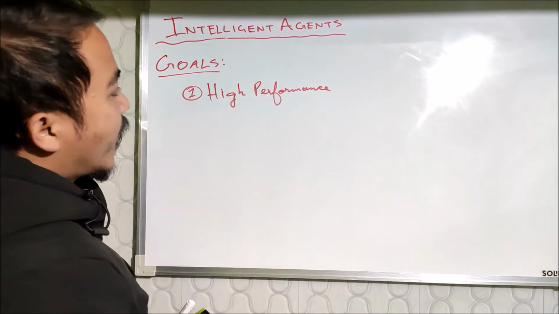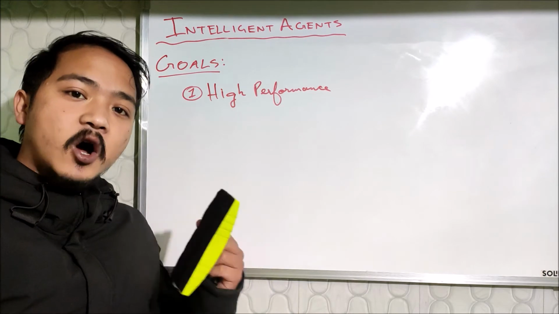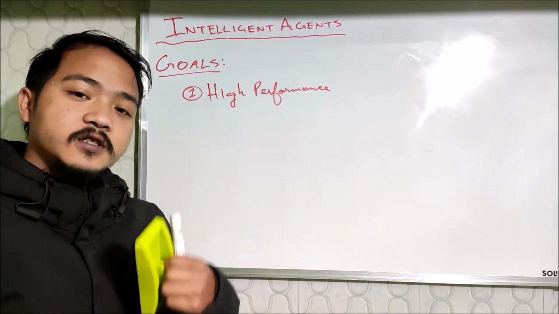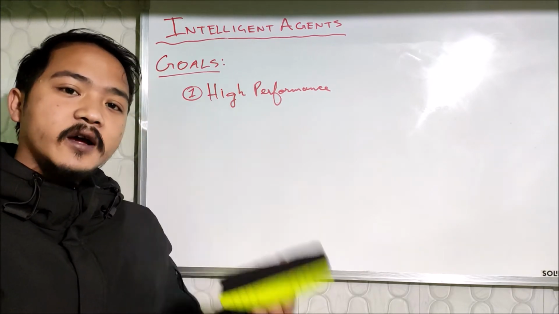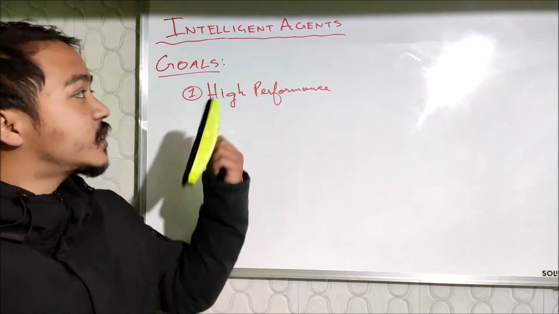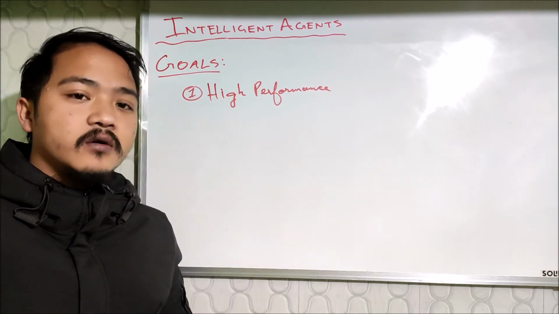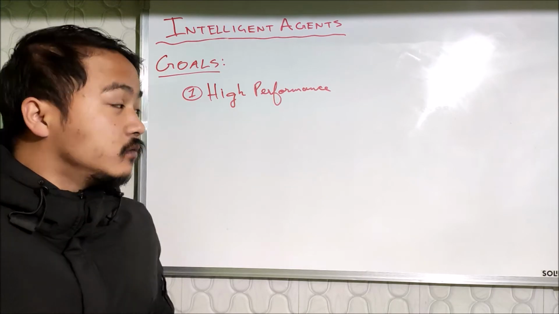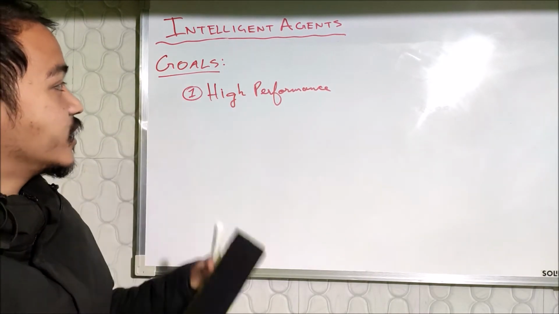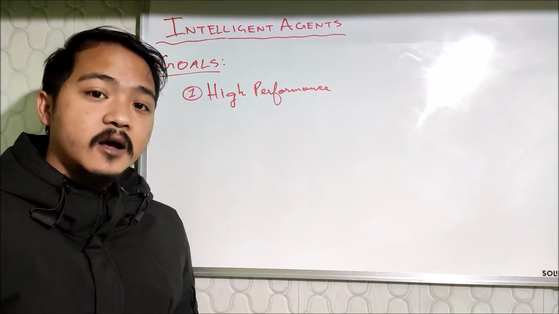High performance means it should give the maximum output generation, with respect to time, speed, accuracy, anything. Because if you design an agent which does not perform well, it is a waste. So the first goal of designing an agent is high performance.